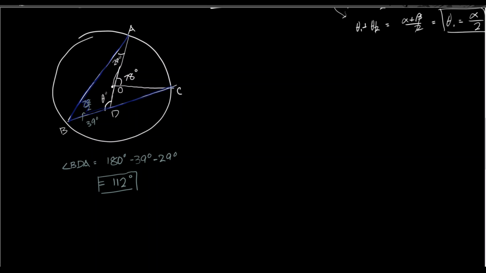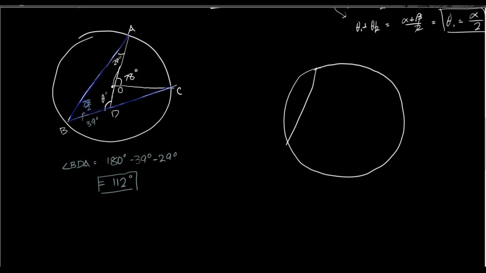Now, let's do one last problem and one last circle. So let's draw this here, and this here. And we know this is 50 degrees.